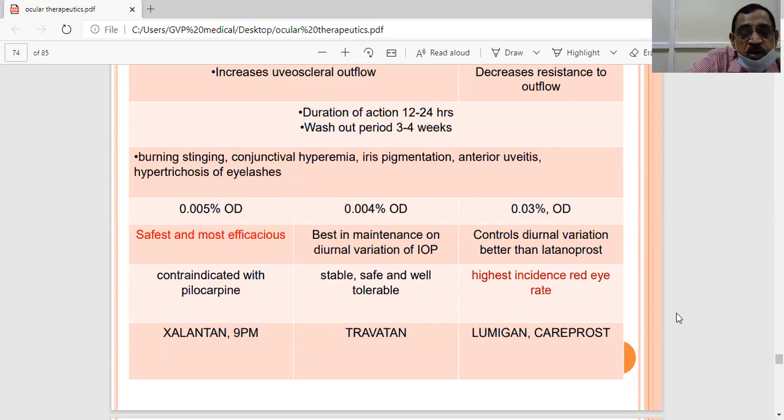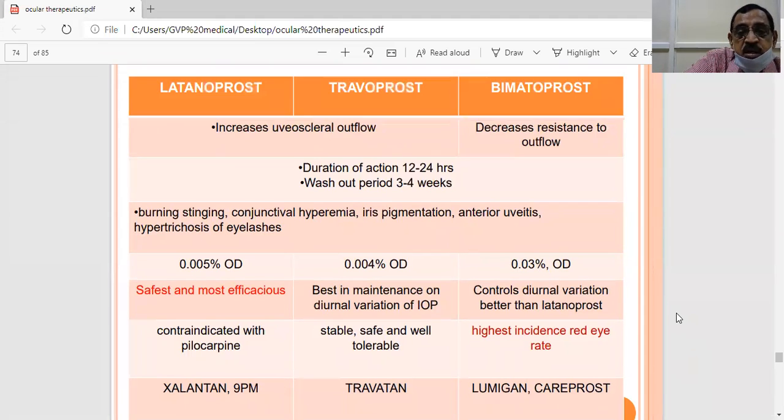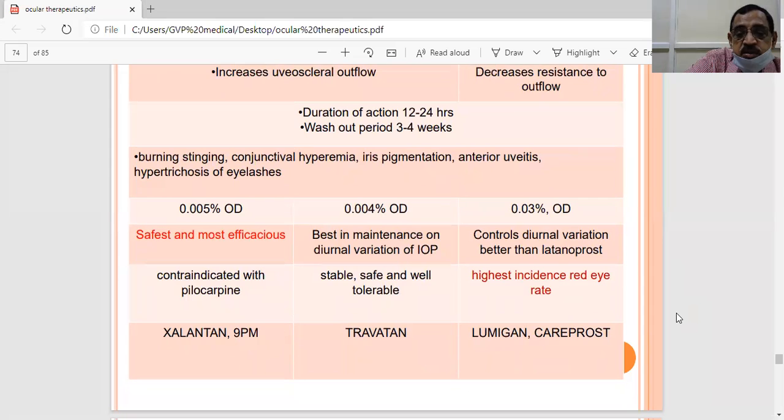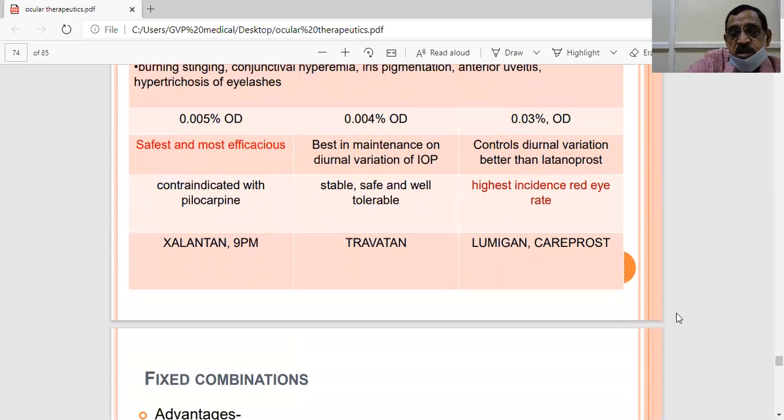Contraindicated with pilocarpine. Latanoprost is stable, safe and well tolerated, and bimatoprost has the highest incidence of red eye. Xalatan and Lumigan are trade names: Xalatan is latanoprost, Travatan is travoprost, and Lumigan and Careprost are bimatoprost.